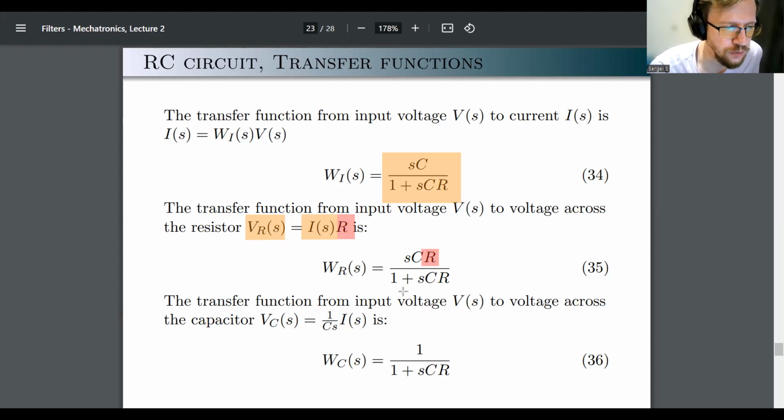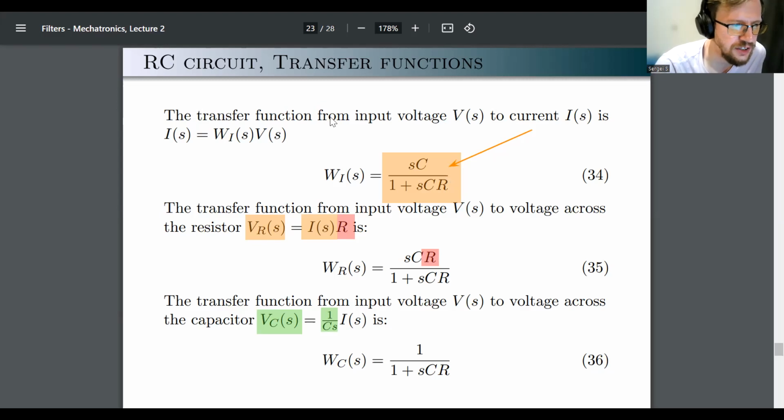Okay, transfer function from input voltage to voltage across the capacitor. We can construct it too. How do we do it? Well, we notice that voltage across the capacitor is equal to 1 over CS times current. Well, we know what transfer function for current is. It is this guy, right? This is transfer function for current. Well, we have to divide it by CS.